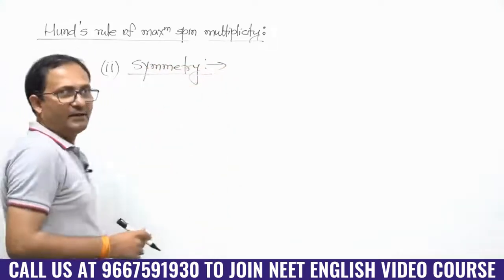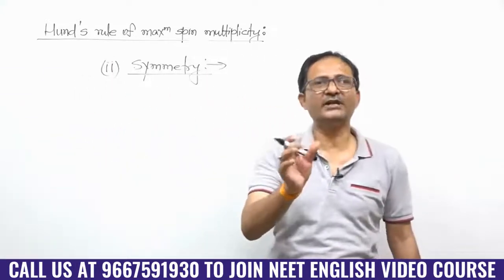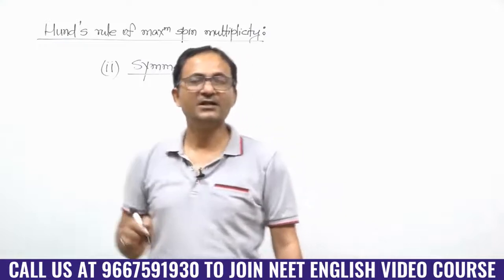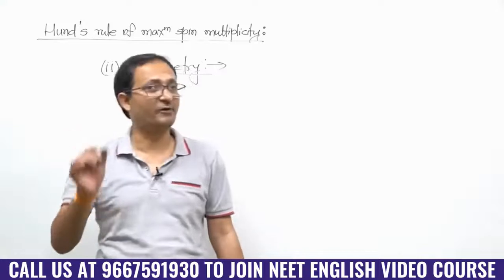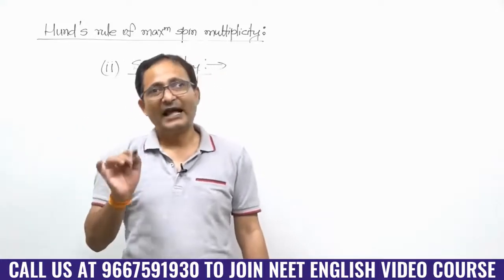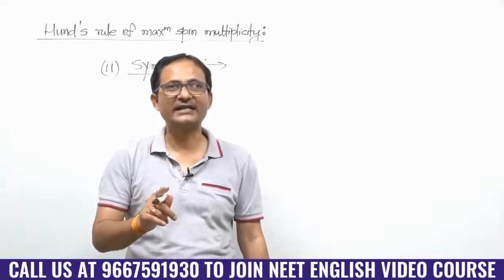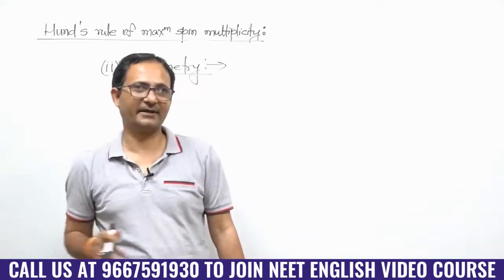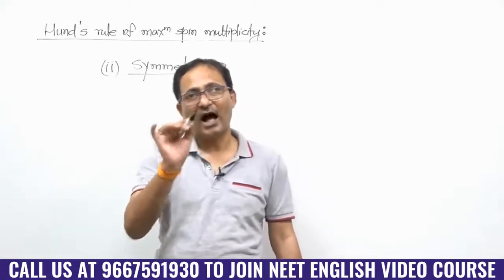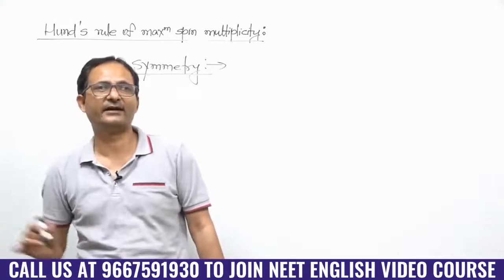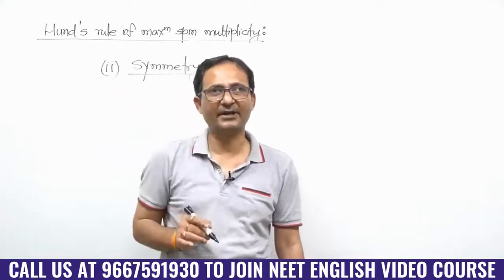Remember here, symmetry leads to stability, right? Symmetry means if each degenerate orbital of a subshell has the same number of electrons, then you will say they are symmetrical. Like if fully filled or half filled subshells are there, then they will have symmetry.